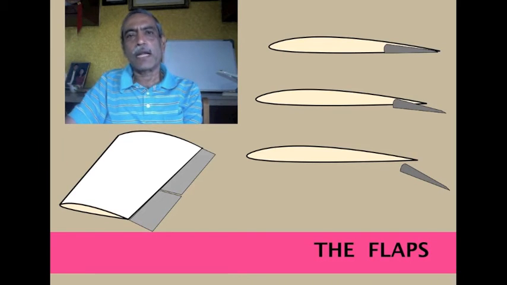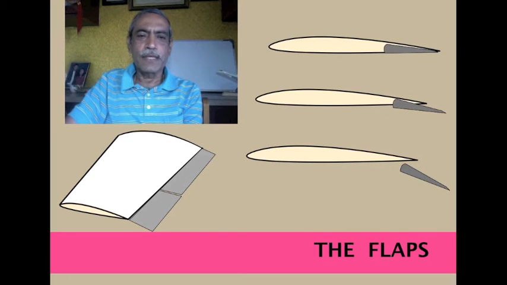Of course, there are several types of flaps which we are not concerned with in this lesson. I got hold of a picture of a large jet aircraft with the flaps lowered for your understanding.